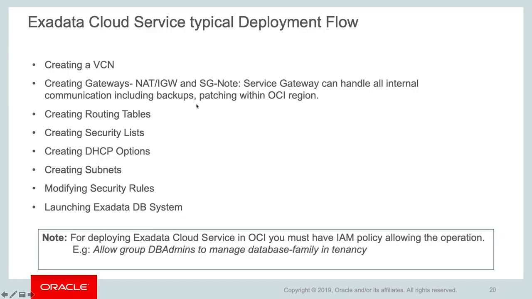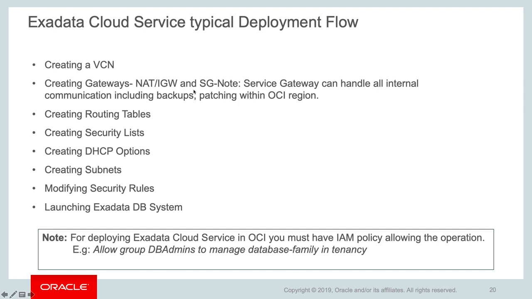So let's take a look at the Exadata Cloud Service deployment flow. First, we start with creating a VCN, which is a Virtual Cloud Network. Then we create a gateway, and this gateway could be a NAT Gateway, an Internet Gateway, or a Service Gateway. One thing to note here is that Service Gateway can handle all of the internal communication, including backups and patching, within OCI regions.